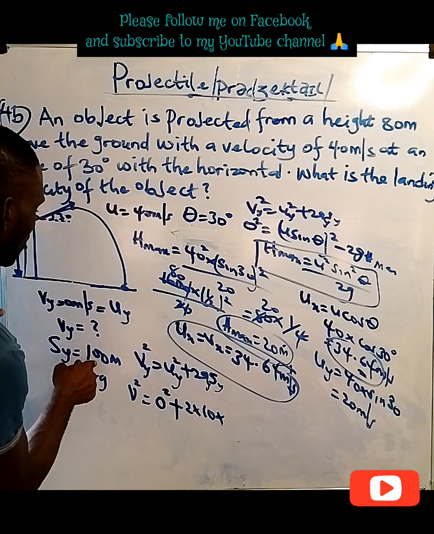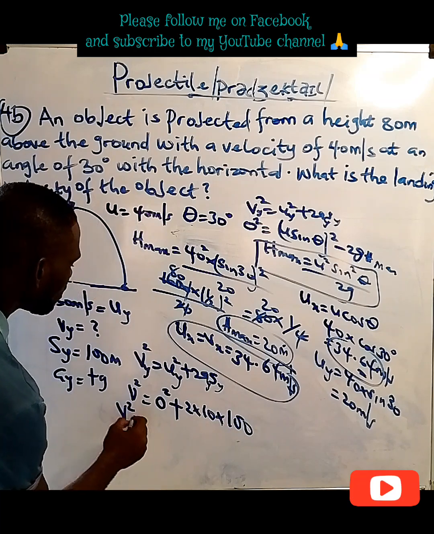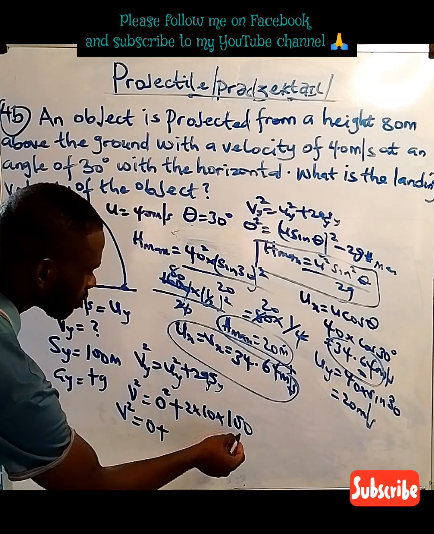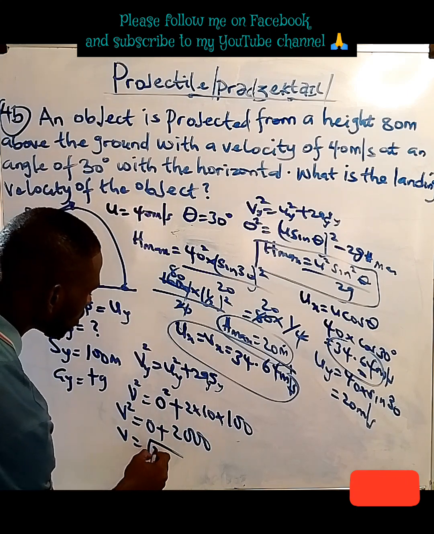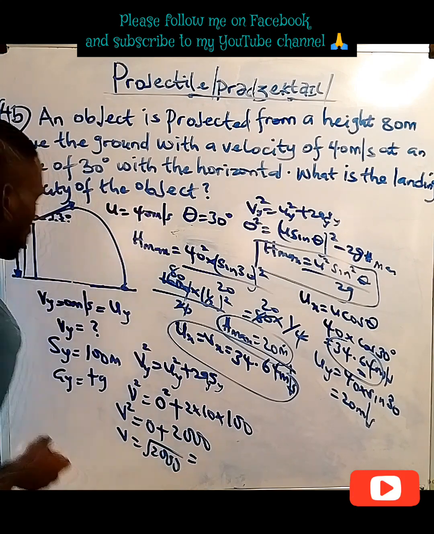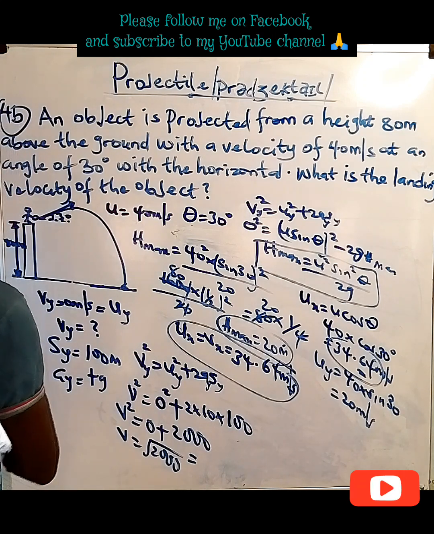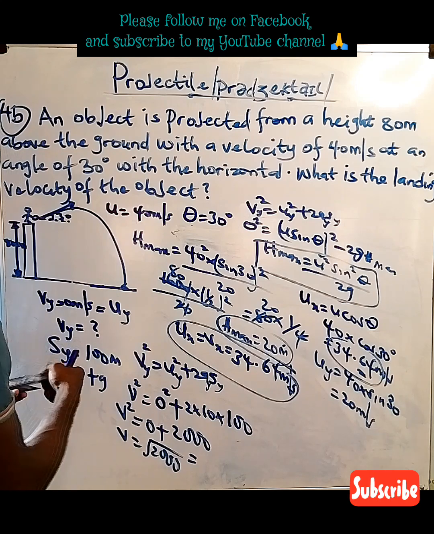The distance is 100. So the final velocity squared is 0 plus 2 times 10, which is 20, and 20 times 100 is 2,000. So the square root of the result, 2,000. That's 10 root 2, the square root of 2,000. It's 10 root 2. So let's see what we have.